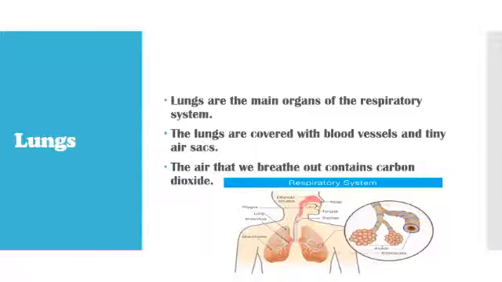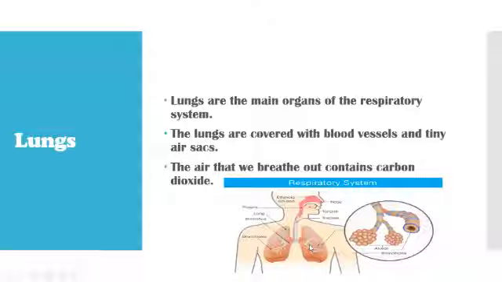Okay. Now see the labelled diagram of the respiratory system here. So after air enters from the nose to the windpipe and then to the left and right lungs, the lungs are covered with what? These small air sacs and blood vessels.